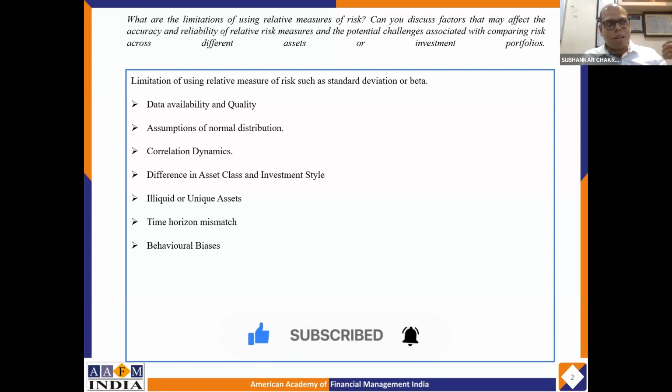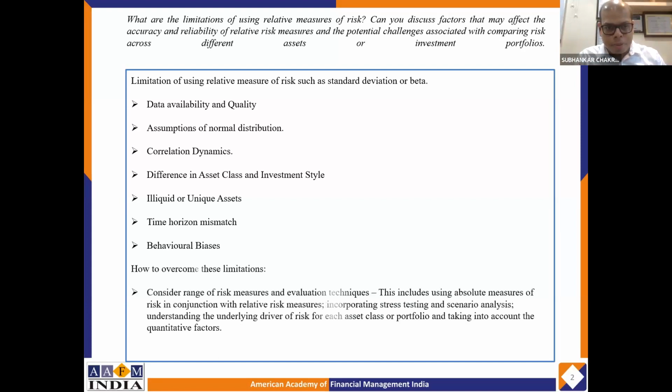You cannot put that because behavioral bias जब आ जायेगा, and you cannot put the other companies which are trading on NSE on the same platform in terms of risk, because behavioral bias has been against certain companies. They are not against the HDFCs or the large caps. So that's another reason why you cannot use relative measure of risk.